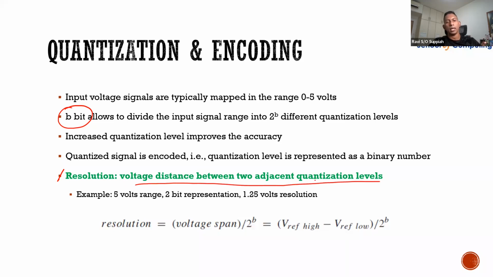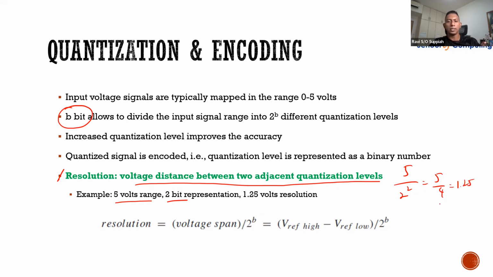So when the resolution is smaller, it tells us that we can very closely represent the analog signal using a digital signal. A simple example would be if I have a 5 volts range and I have only 2 bits to represent this 5 volts, then 5 divided by 2 to the power of 2, which is 5 over 4, will give me 1.25 volts.